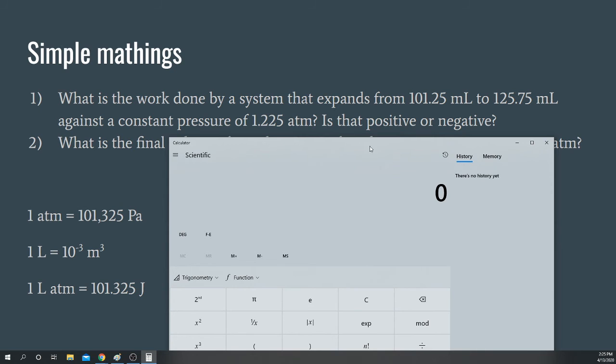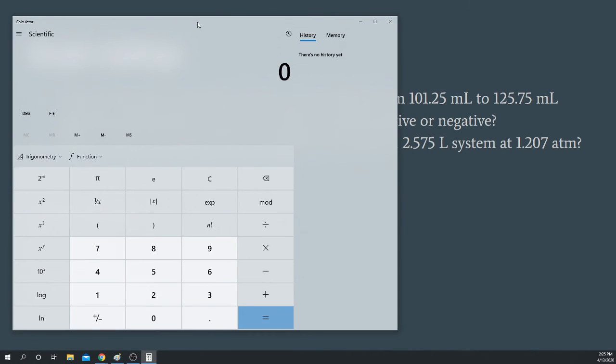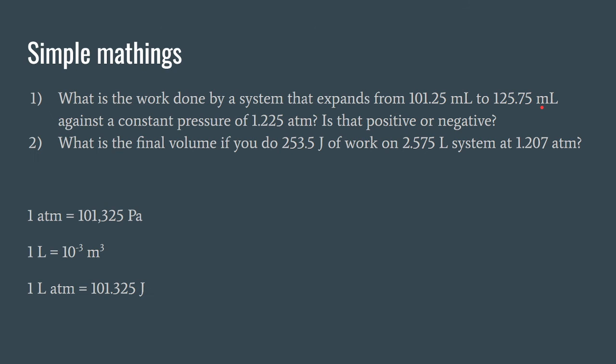So the system is expanding from 101.25 milliliters to 125.75 milliliters. So we're doing some subtraction. 125.75 minus 101.25. So 24.50 milliliters change.